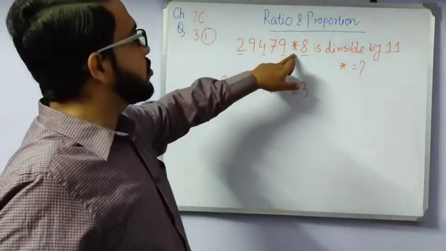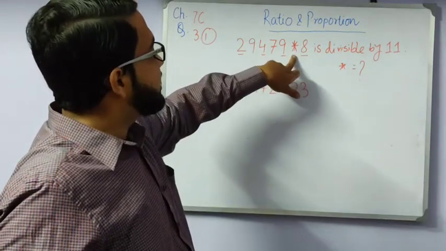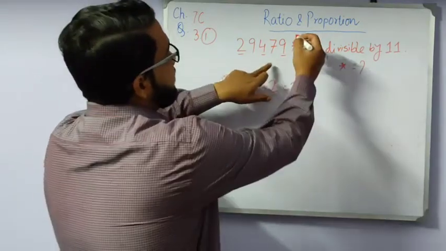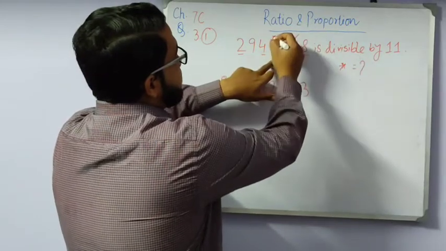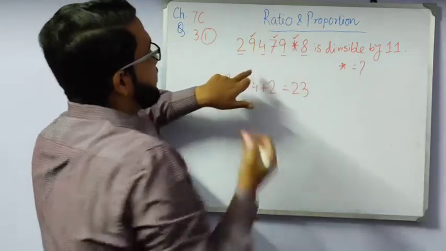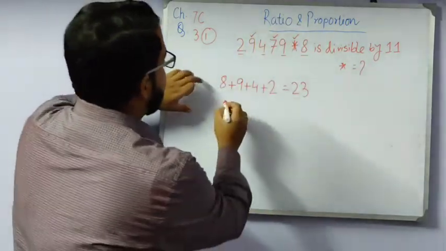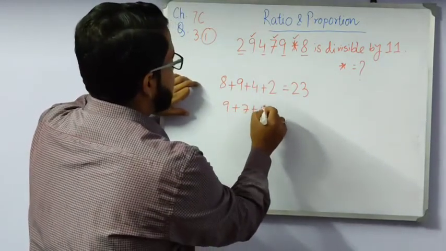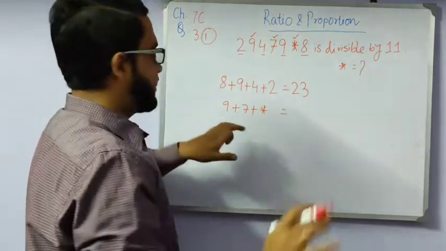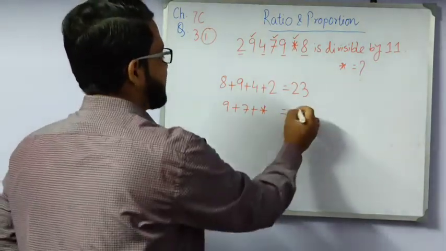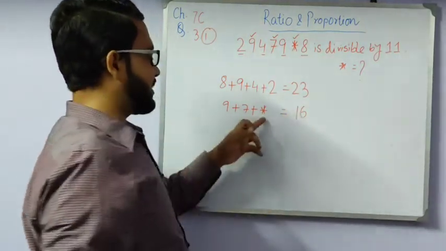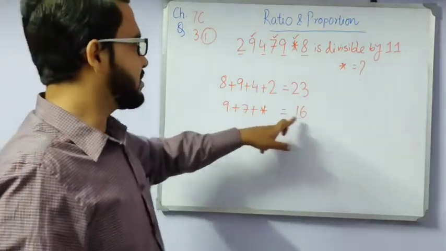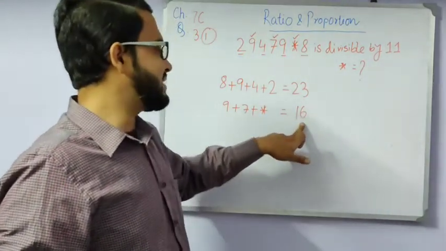And the digits that appear in the even places are the star mark, 7 and this 9. So 9 plus 7 plus star is equal to something. 9 plus 7 is 16, and here some number is also there, so this number is greater than 16 also.